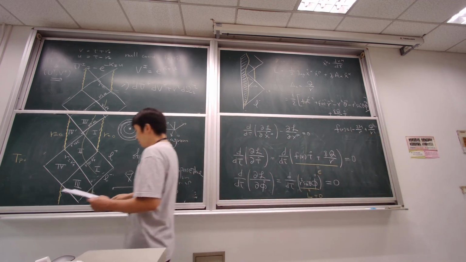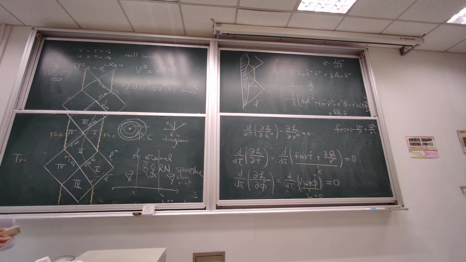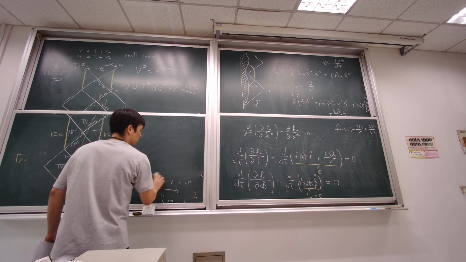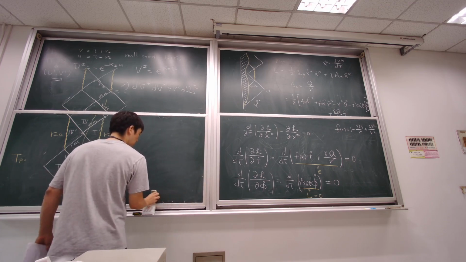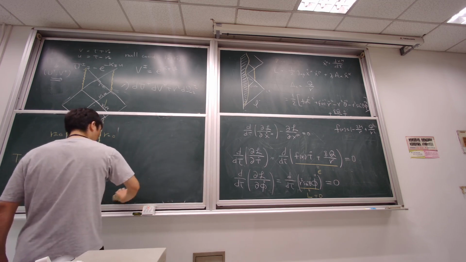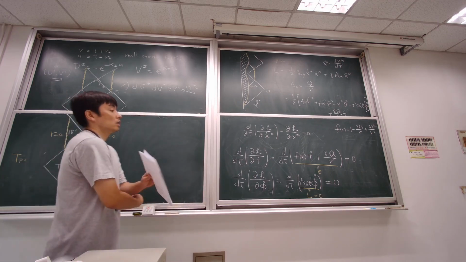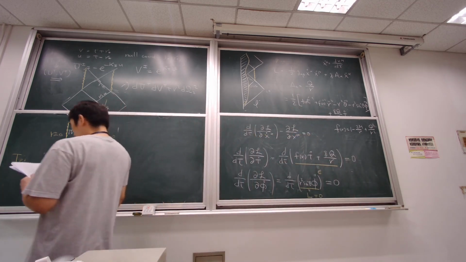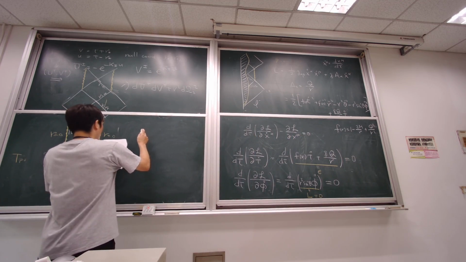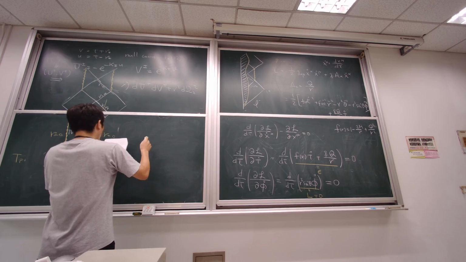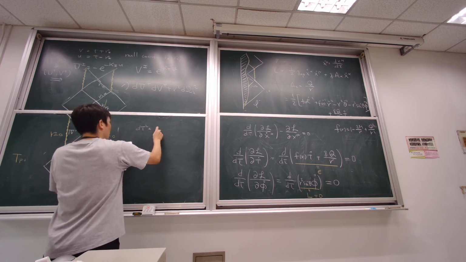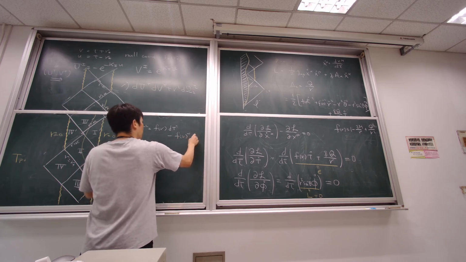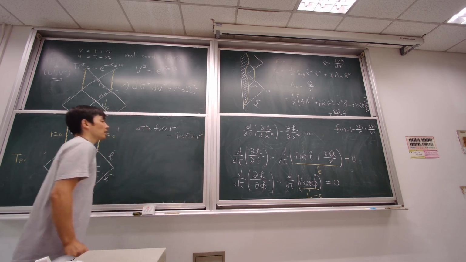And then we can just solve this equation. It's very straightforward to solve. So the metric becomes d tau square is equal to f of r dt square minus f of r inverse dr square.